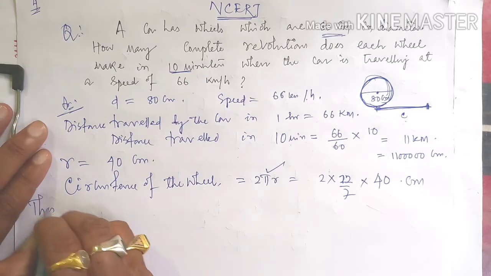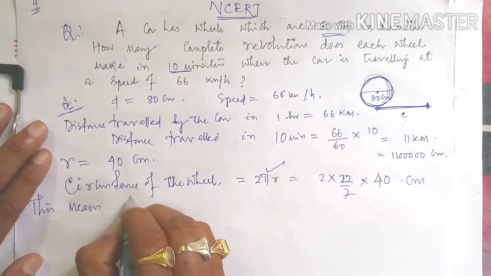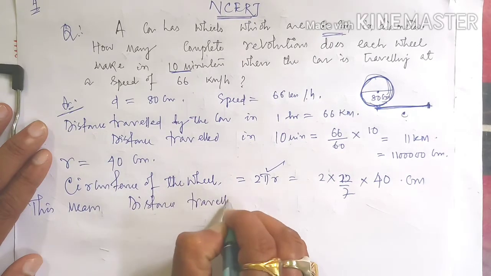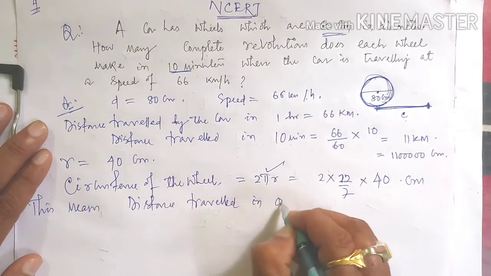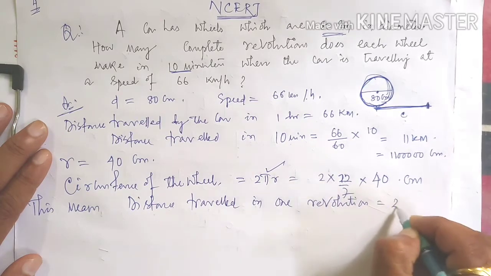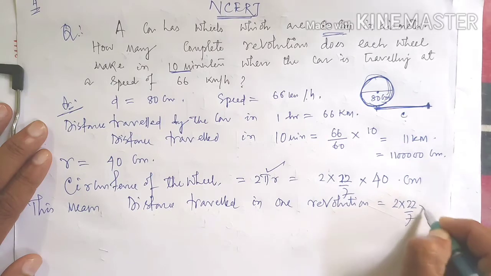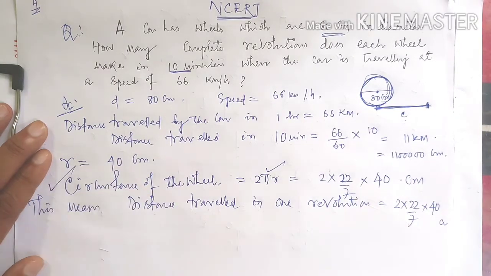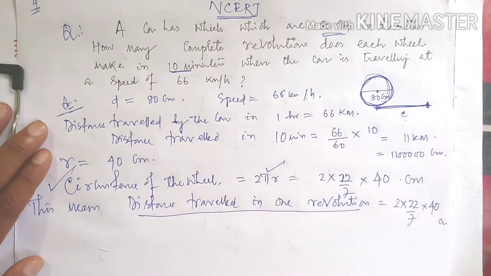So distance travelled in one revolution equals 2 into 22 by 7 into 40 centimeter.